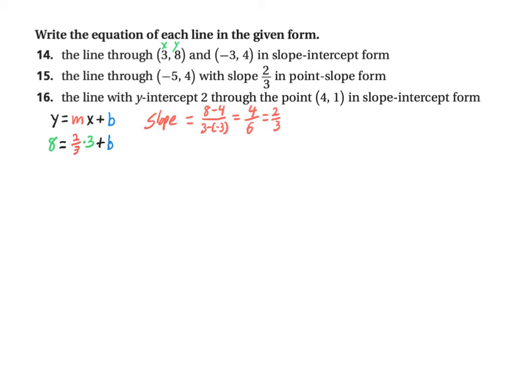And so when you simplify, 2/3 times 3 is just going to be 2. You can think about the denominator and numerator canceling out, but it's just going to be 2. So I'm going to start off by subtracting 2 from both sides. And so I get 6 is equal to b.